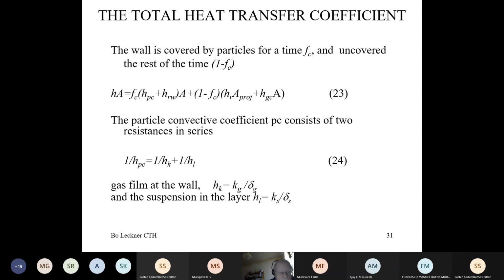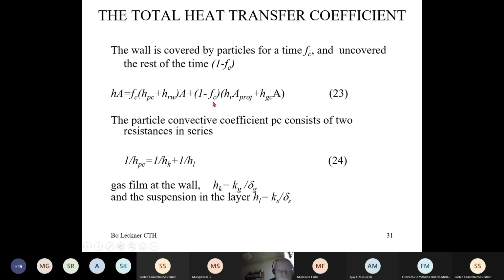Okay, so the total heat transfer coefficient: if the wall is covered by particles for a certain time and uncovered for the rest of the time, then here we have the covered time, particle convection, and the radiation from particles to the wall surface.